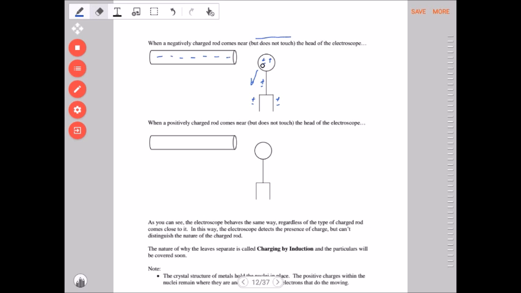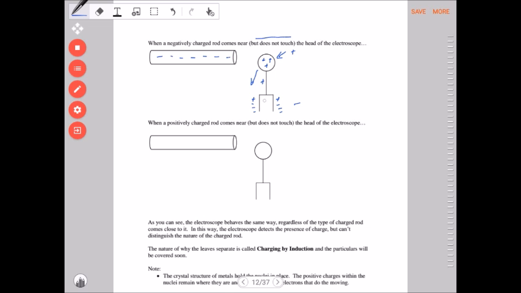What's going to happen is that all the negatives are going to get pushed far away from the head of the ebonite rod, the negatively charged rod. And now you can see that the head has become positive, the leaves have become negative.